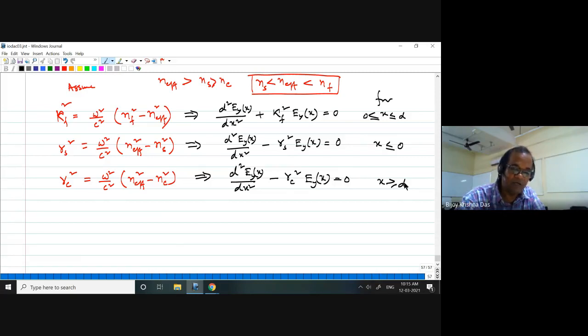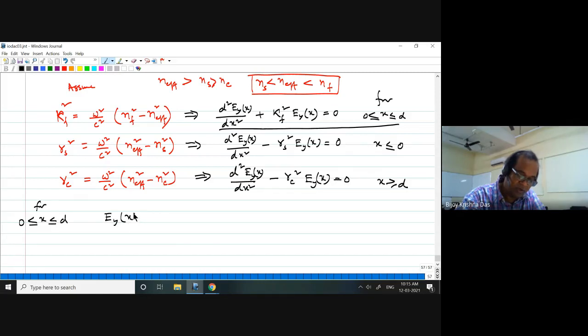All right. Now, if I try to solve this, for region 1, that is for x less than or equal to d and greater than or equal to 0, the solution Uy(x) can be written as EF cosine of kappa f x minus phi. We can write some f, whatever the solution we just consider typically.